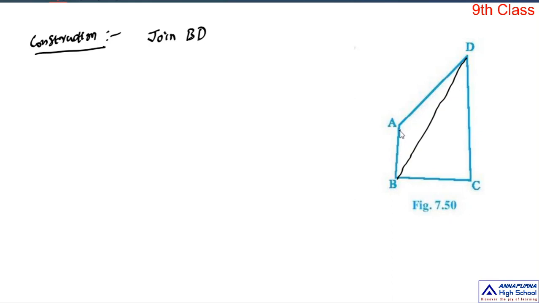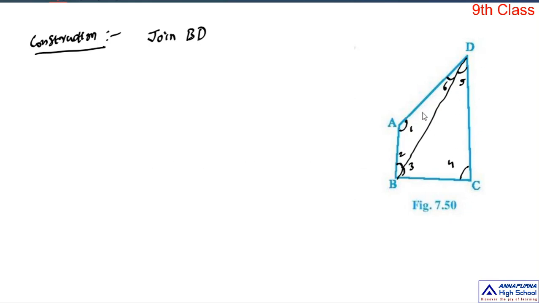Mark the angles. This is angle 1, angle 2, angle 3, angle 4, angle 5, angle 6.